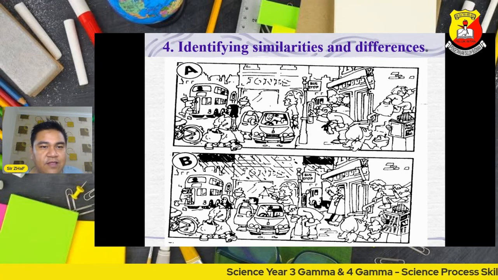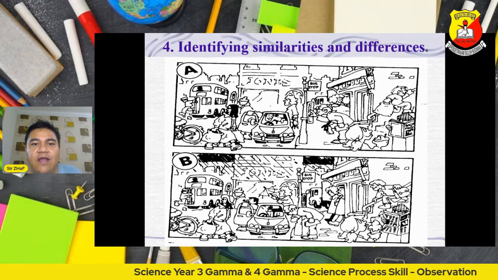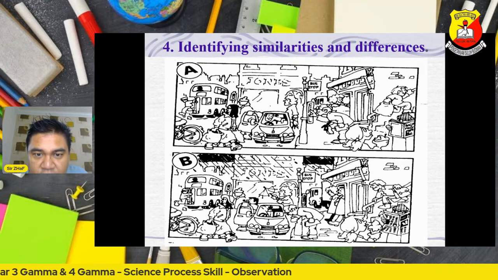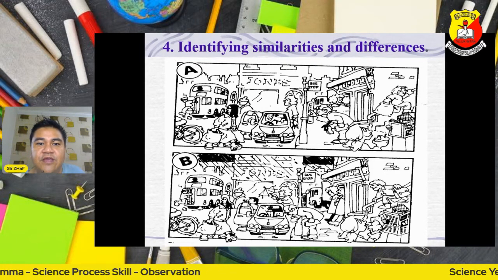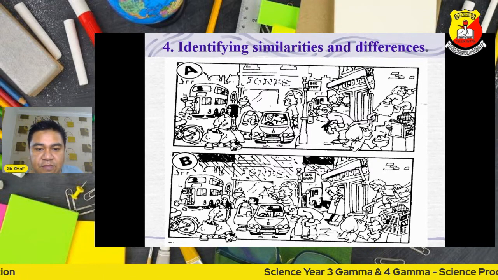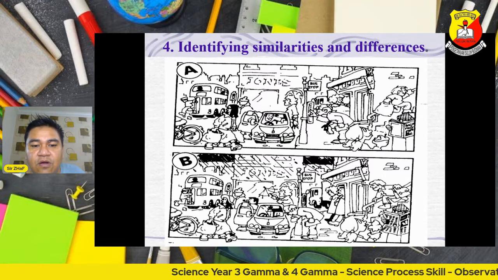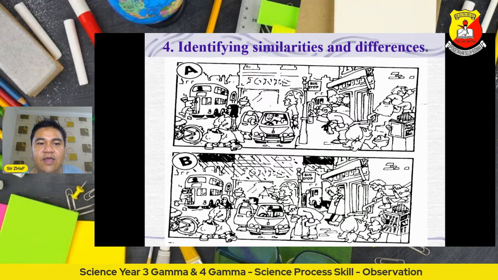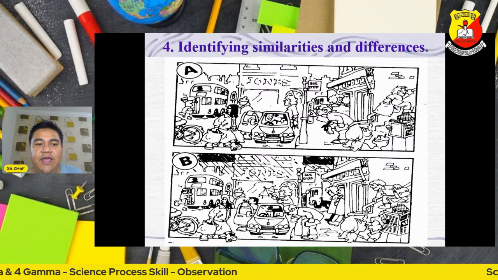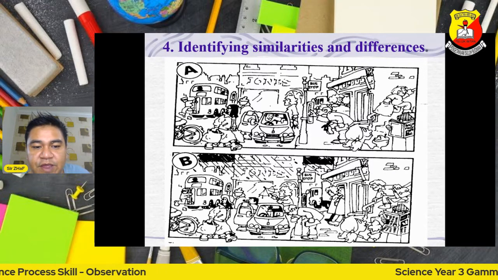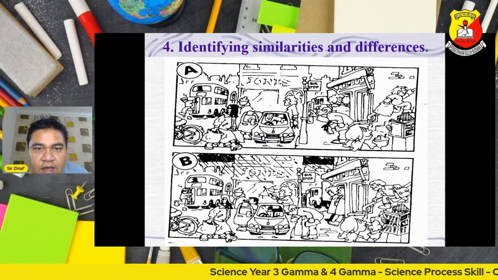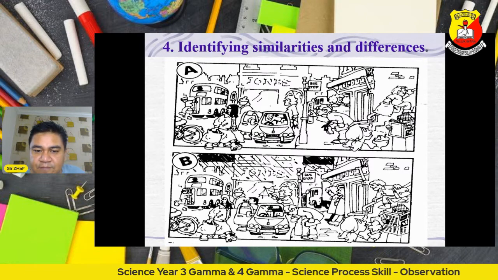By looking at it once, I can find some differences. The woman in picture A is not holding an umbrella, but in picture B, she is holding an umbrella. In picture A, it was a clear day, and in picture B, it was a rainy day. And what are the other differences?